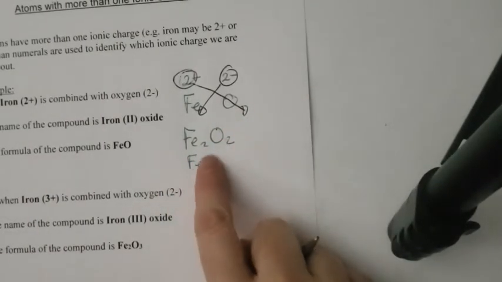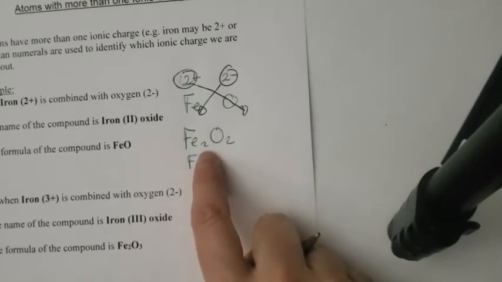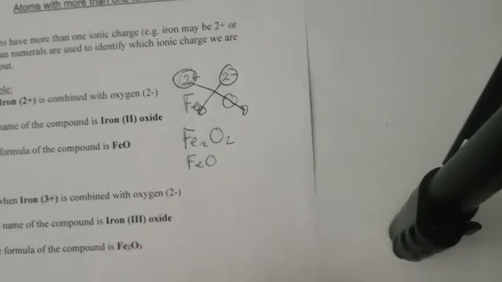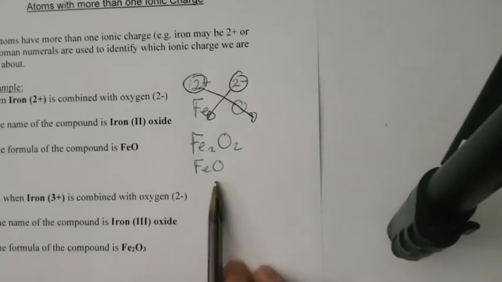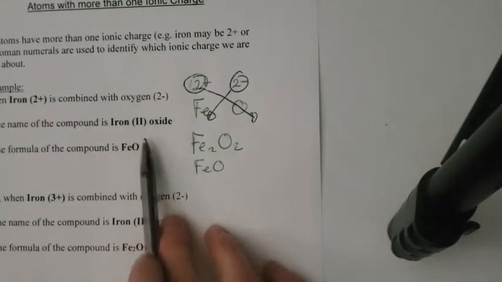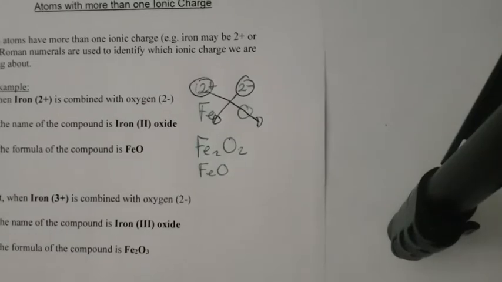And the reason we can simplify it down is kind of like common factoring in math. A 2 can divide out of both of those, so we're left with just FeO. And we would write the name as iron 2, Roman numeral 2, oxide. The Roman numeral is because there's two options, and you want to give the reader just insight of, was this the 2 or was this the 3?